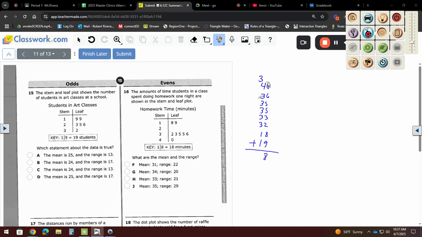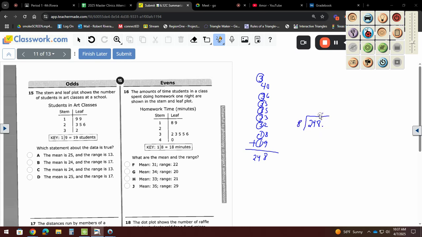Then I see a bunch of 3s. 3, 6, 9, 12, 15, 18, 19, 24. 248. 248 divided by the quantity, we had 1, 2, 3, 4, 5, 6, 7, 8. Yep, I feel comfortable. That is 8.